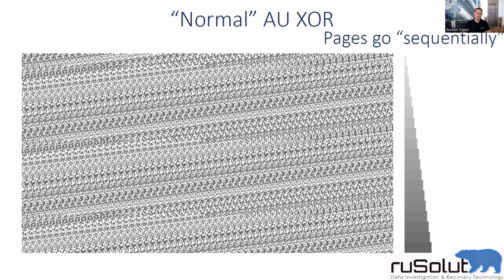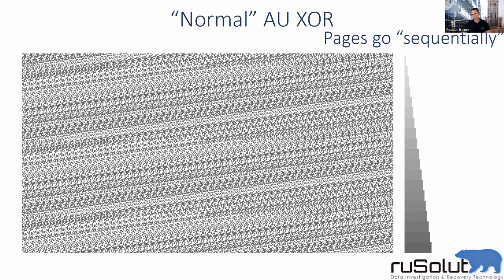But some AU controllers may create specific XOR keys where, let's say, the key is the same, but it's divided into groups of pages, and those groups are mixed. It works in a little bit more complex way.